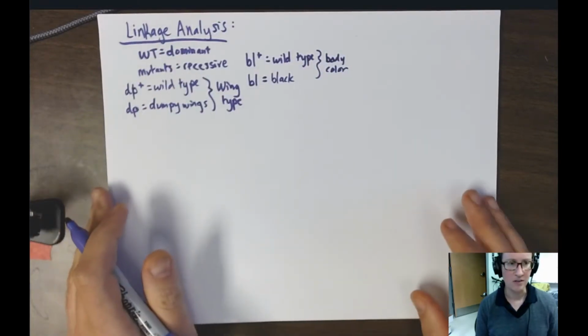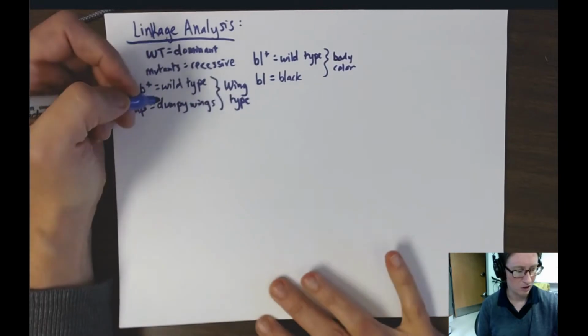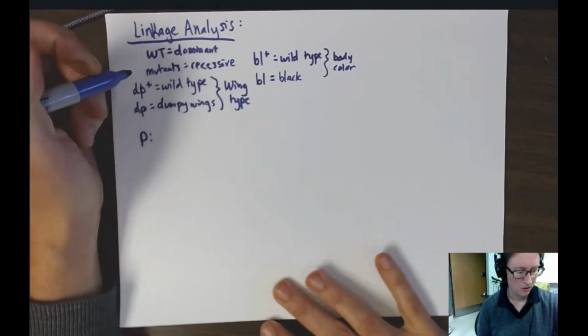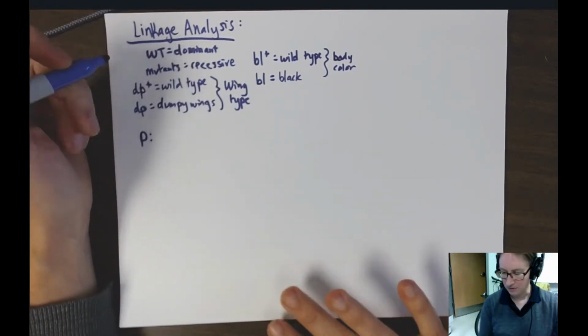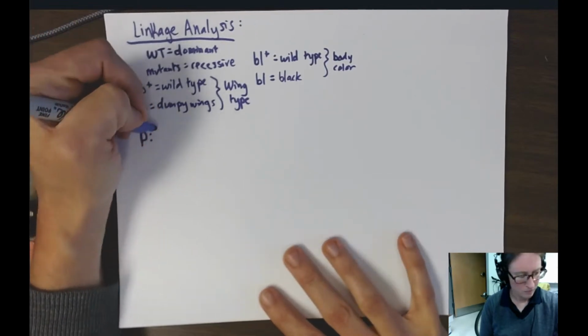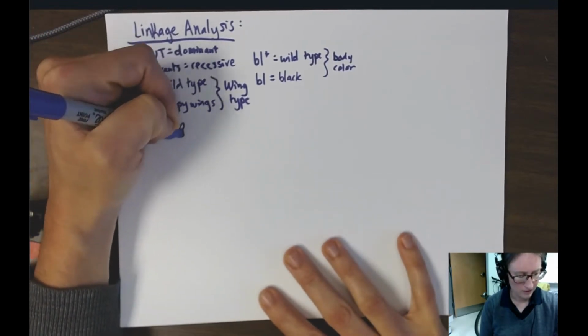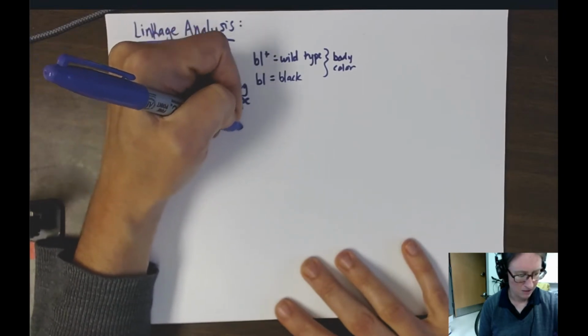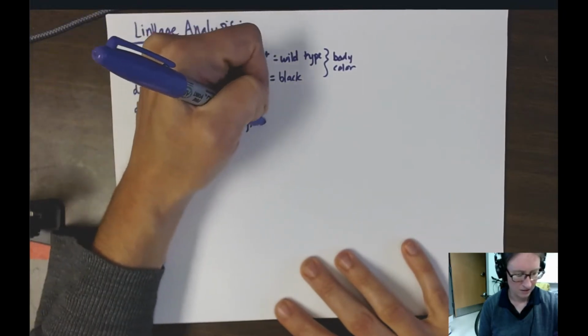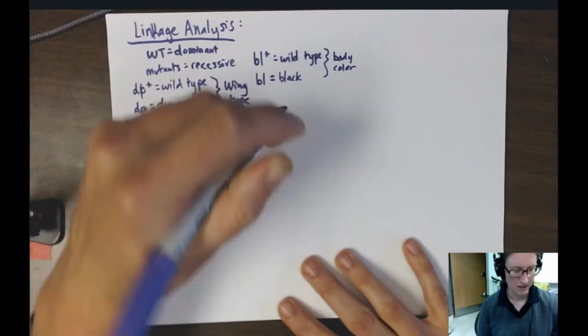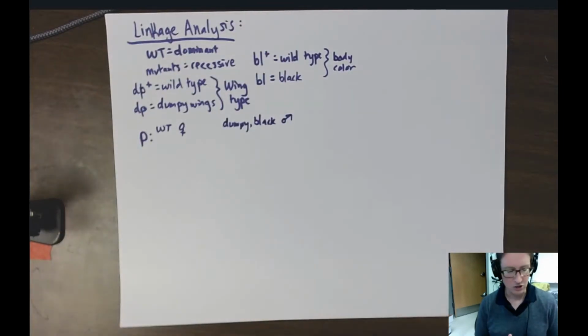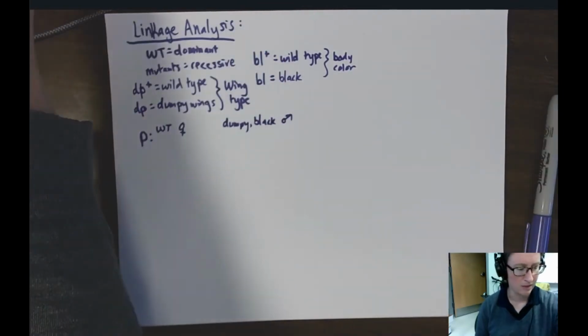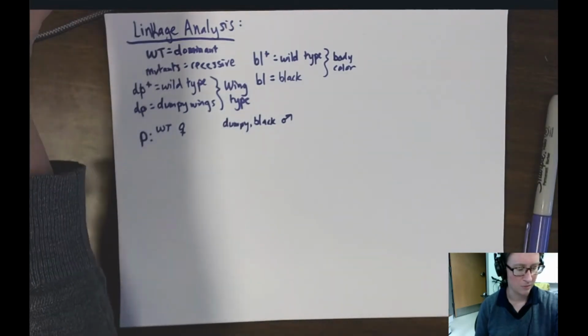And the way that we're going to start this out with our parental generation, we're going to cross a wild type female fly with a dumpy black male, okay? So if we were to write out the genotypes of these individuals, I'm going to write them in two different colors, and I think you'll see why in a minute.